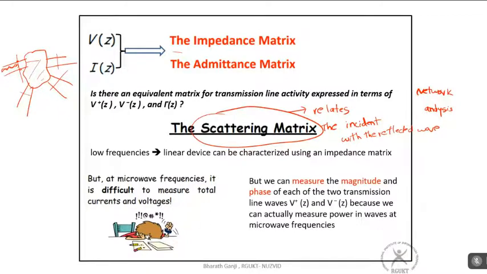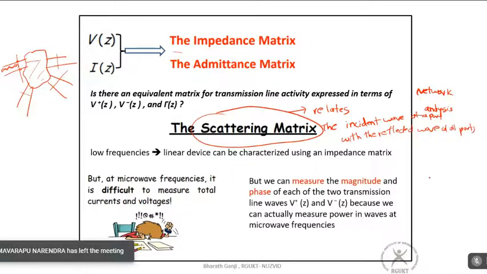It relates the incident wave at a port with respect to the reflected wave at all ports, right. So this is kind of wave behavior.